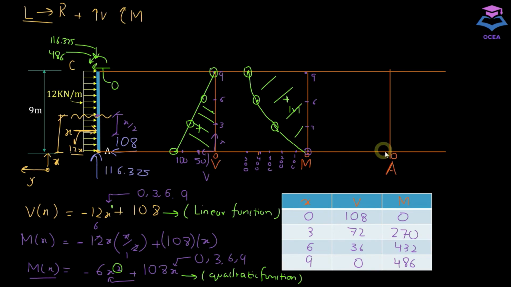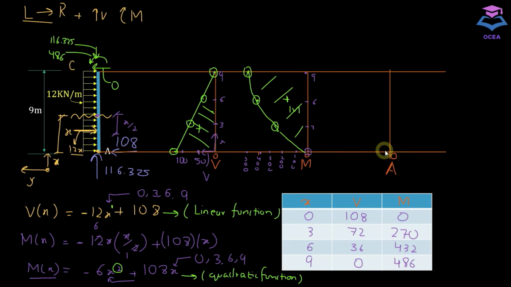So moving forward, now we are going to draw the axial diagram for this member. In order to draw it, we need to look at the whole behavior of this member, whether it is being compressed or being elongated by the axial force. In this case, the axial force is 116.325, and it's compressing the member.